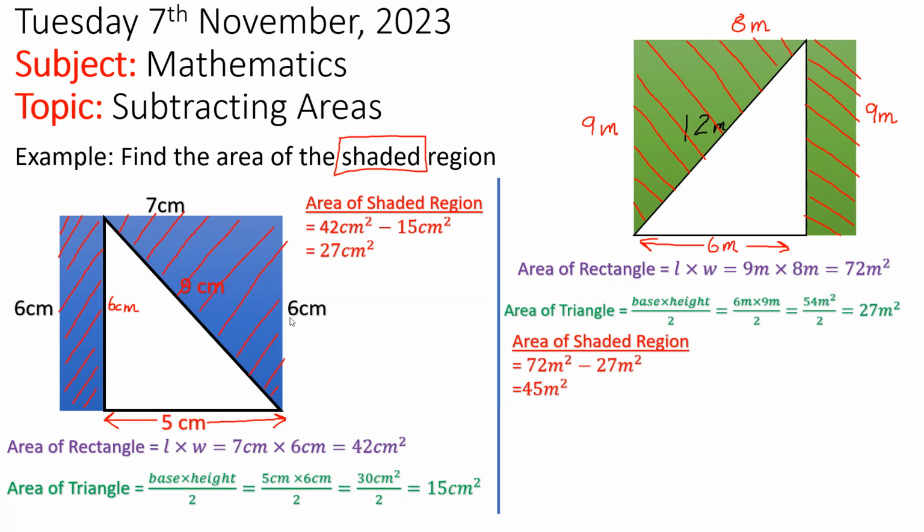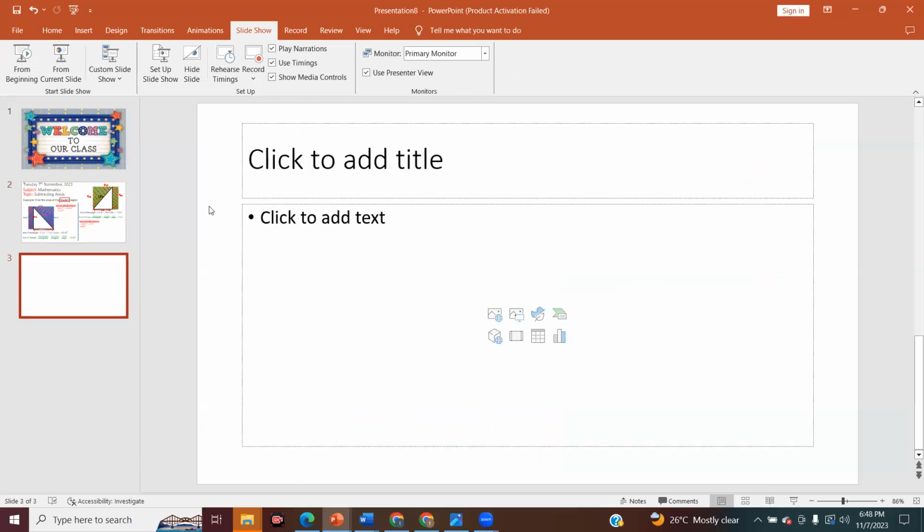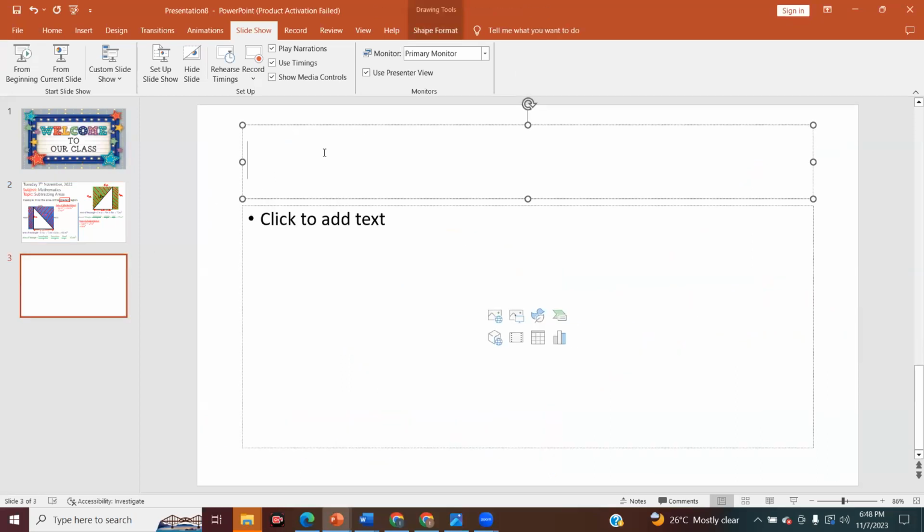It shouldn't be difficult. All it is is figuring out the area of the shaded region, the one that's on the outside, and we do that by subtracting. All right, so let's begin. Well, let's continue. So, graded exercise.